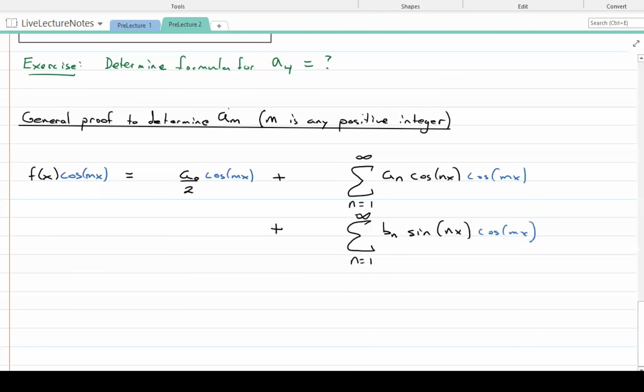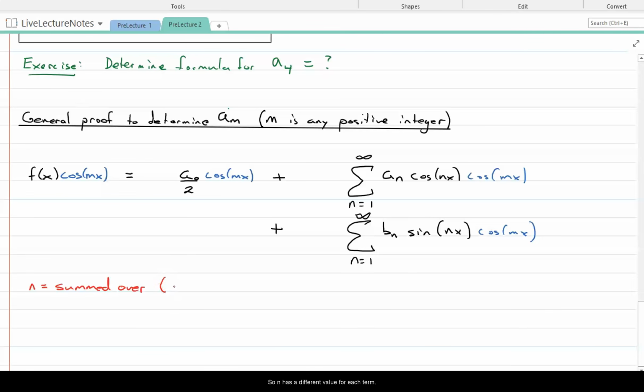Very important: it's very easy to get confused. N is a summed variable, so it has a different value depending on which term you're in in the sum. The first term has n equal 1, the second term has n equal 2, the third term has n equal 3. M is just some fixed value the whole time.